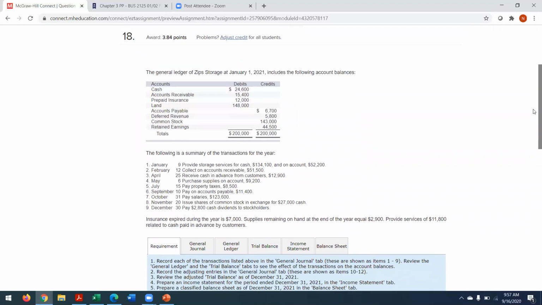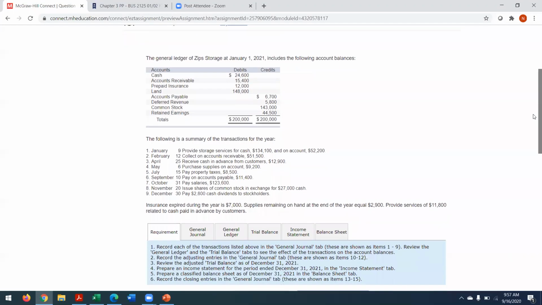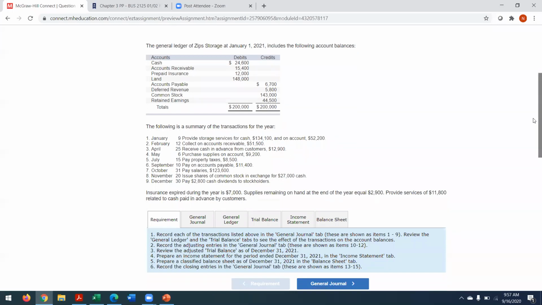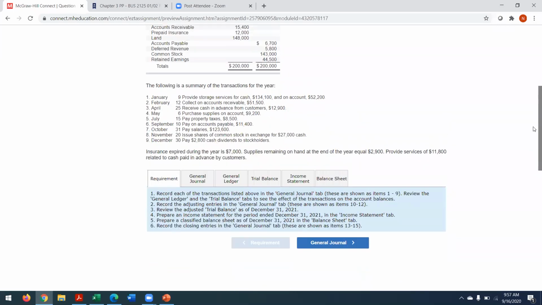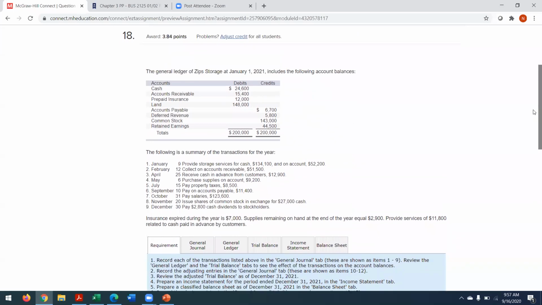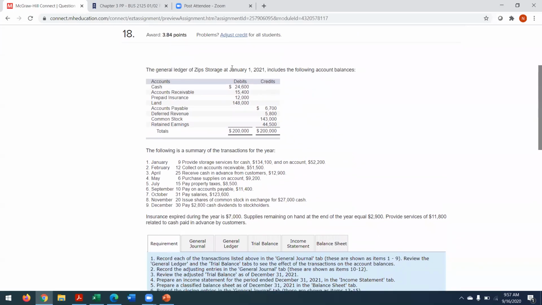Okay, now this number 18. This is just like this one, except some different numbers. And it's the same principle. We've got the general ledger here, we've got some transactions and some adjusting journal entries.